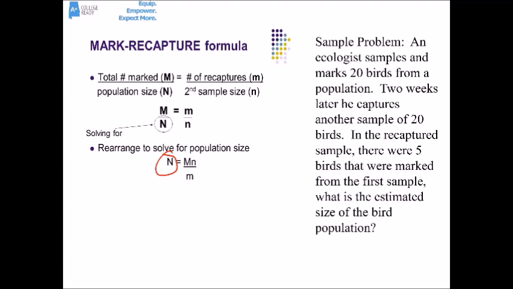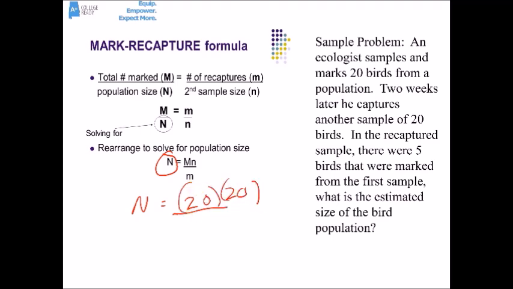We're going to mark 20 birds. So that's the total of marked individuals. That's capital M, which is going to be equal to 20. Keep reading. 2 weeks later, he captures another sample of 20 birds. So the second sample size is also 20. And that's little n.